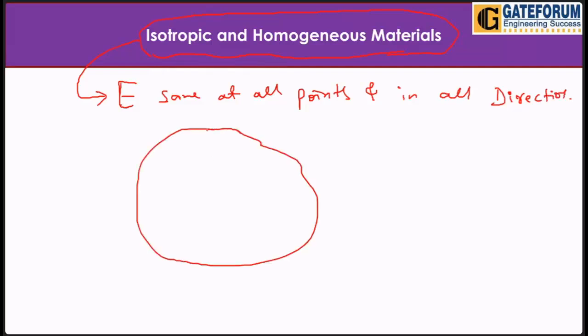For example, suppose here we have a material; at this point we have E, here we have E. The value of E will be the same at all points in all directions. This is an isotropic and homogeneous material.